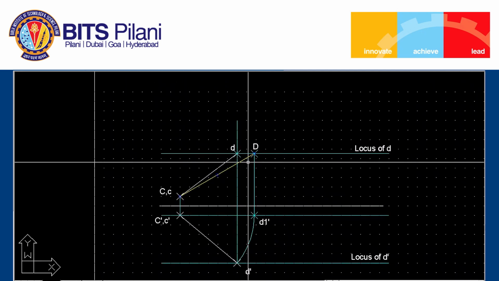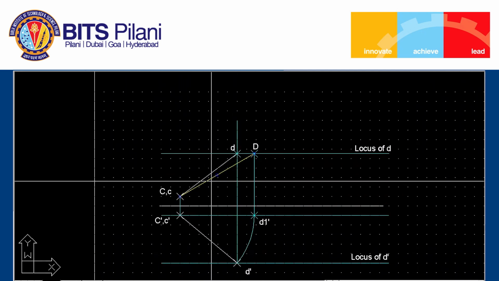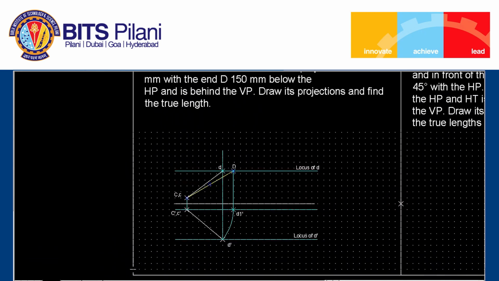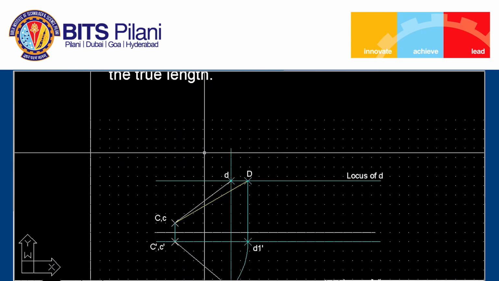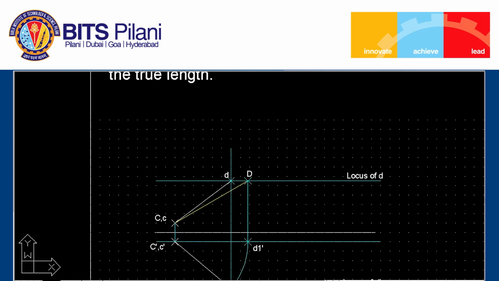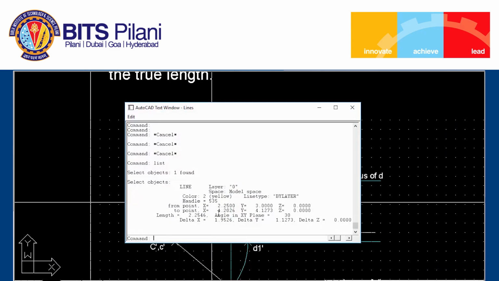So the true length we obtain, that is capital C capital D, that we can measure with the dimension command, or I can use the list command here, and I can find the length of the line is 2.2546.